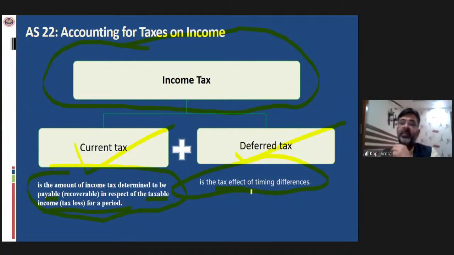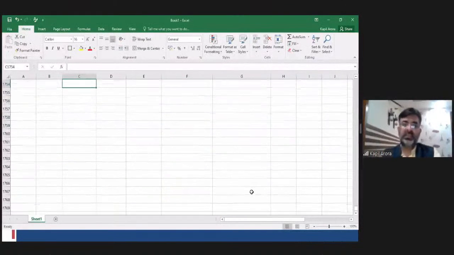Why do we call it timing differences? Because something which we have recognized as income today will become income in the tax books in the future. Something which we have recognized as expense today will become expense in the tax books in the future, or vice versa. When this happens, that is a timing difference.